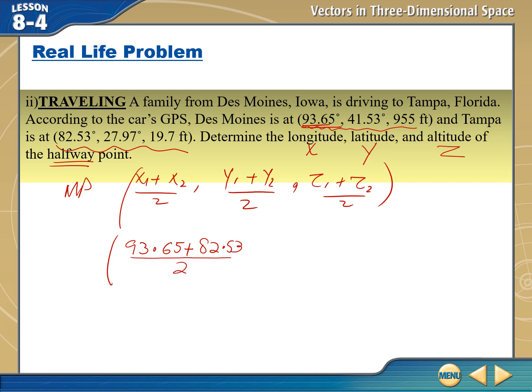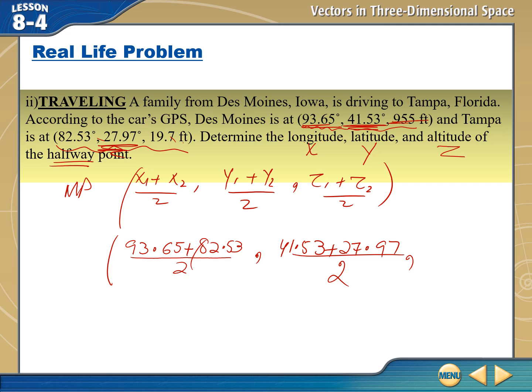Now you calculate yourself. I will not waste my time getting into the calculation. You just write it down, divide by 2 and give the answer in decimals. Then we have y1. So y1 is 41.53 plus y2 is 27.97 and then divided by 2.